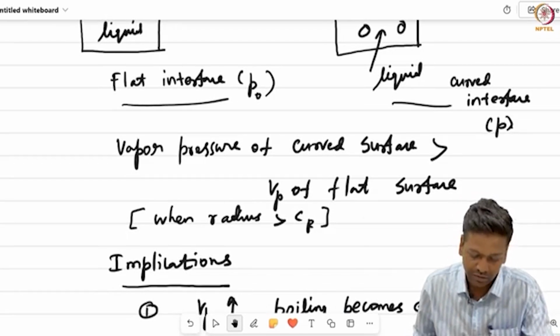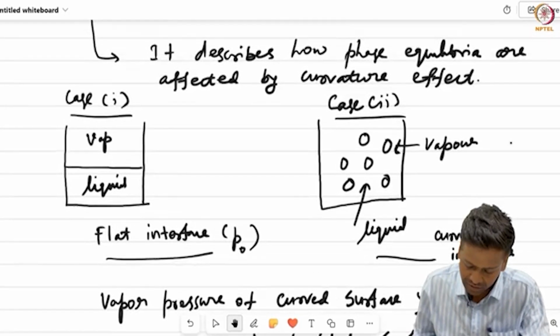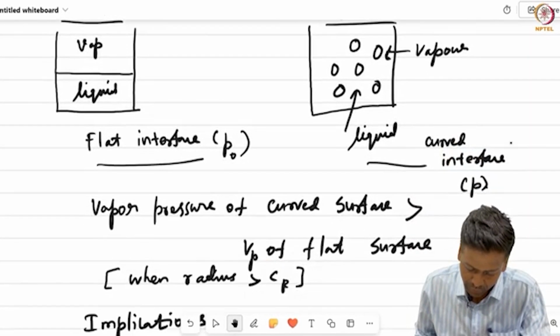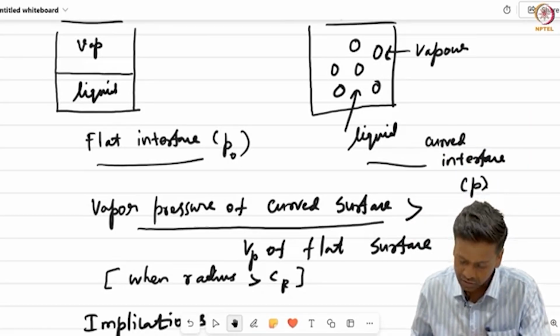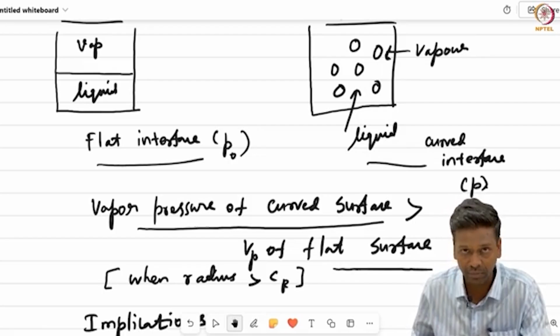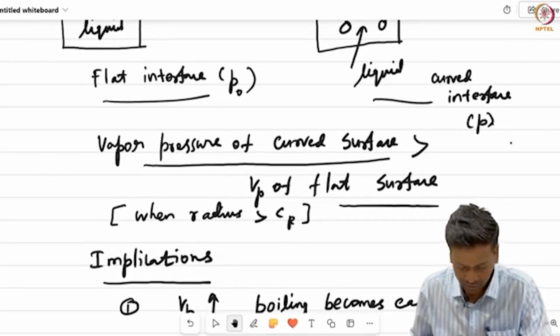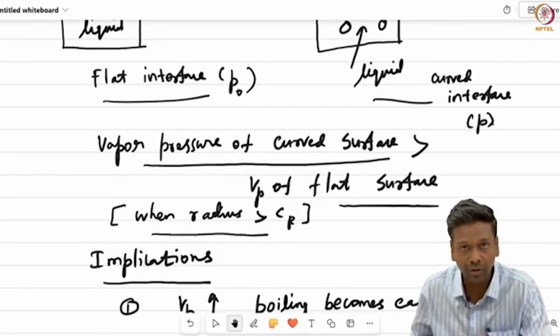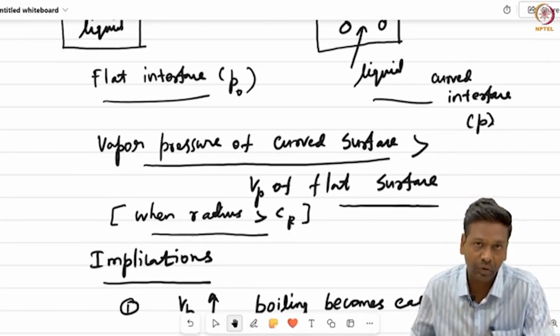So in this case, let's look at the flat interface and the curved interface. The vapor pressure of the curved surface is going to be greater than the vapor pressure of the flat surface at any given temperature. Okay. This condition is valid when the radius of the bubble is greater than the critical radius of the bubble.